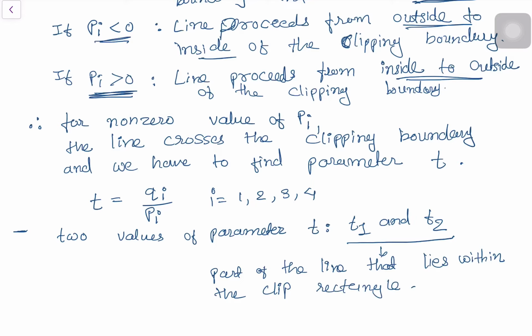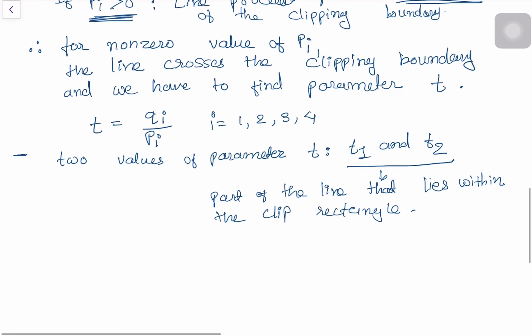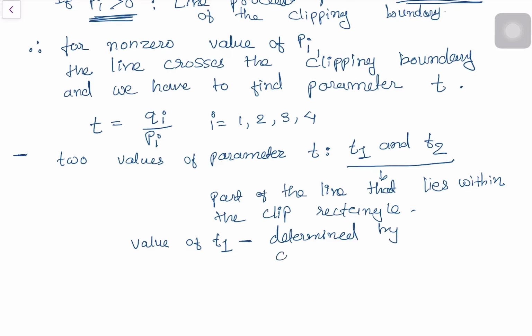The value of t1 is determined by checking the rectangle edges for which the line proceeds from outside to inside, that is, P is less than 0.